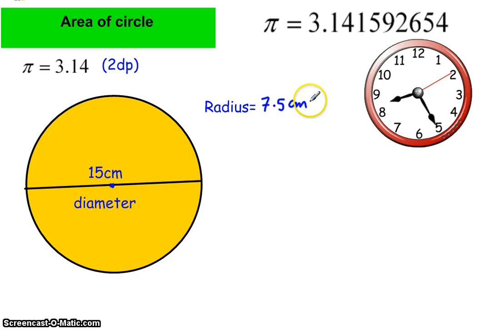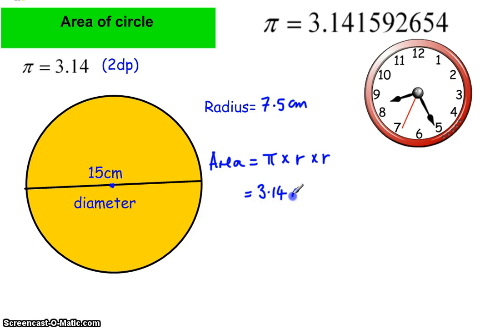So now that we have the radius, we can use our formula, which is area equals pi, which is this symbol, multiplied by the radius, multiplied by the radius. Or you could just say radius squared. So in this case, pi is 3.14.